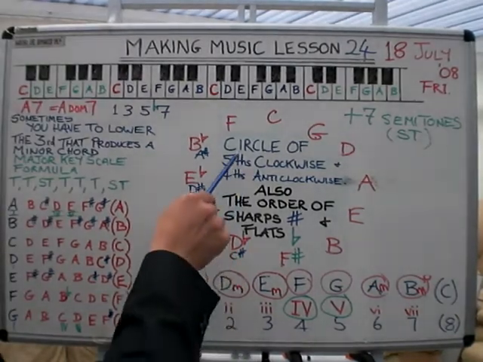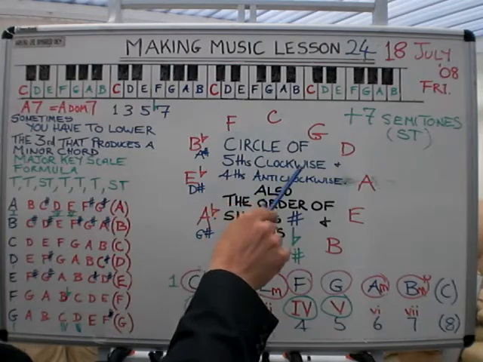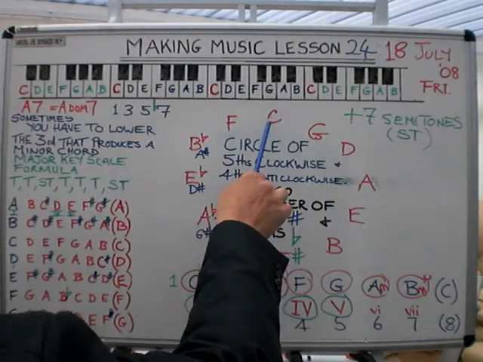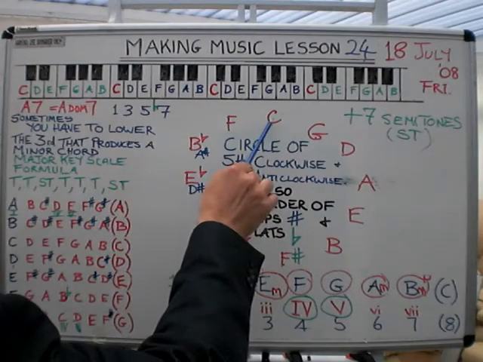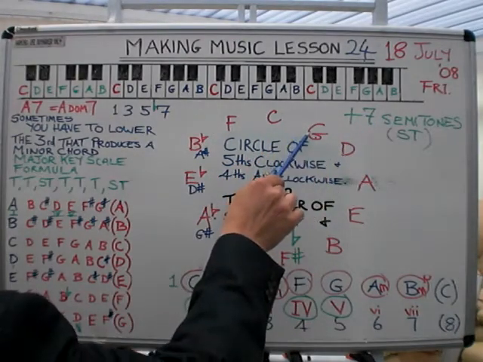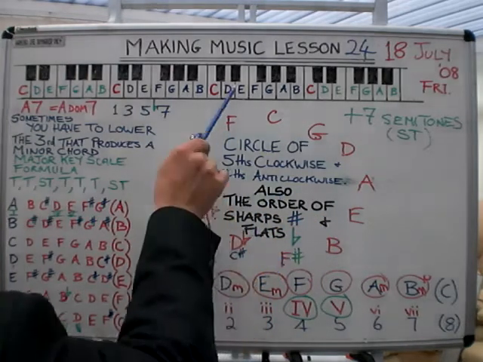Now I want to go on again to talk about the circle of fifths clockwise and circle of fourths anti-clockwise. We started on the F here, and we added 7 semitones to take us to the next C. From the C we added 7 semitones to get to the G, and so forth till we landed on an F sharp here.